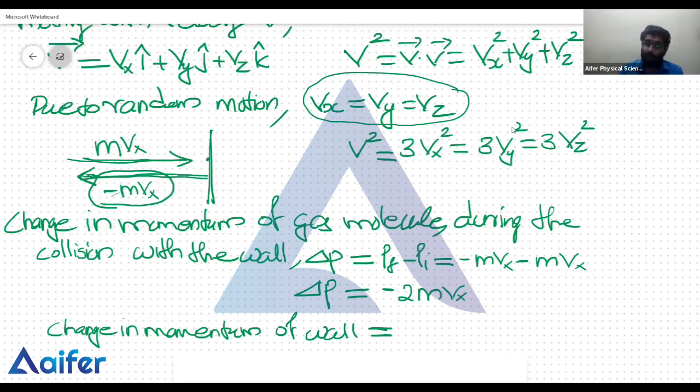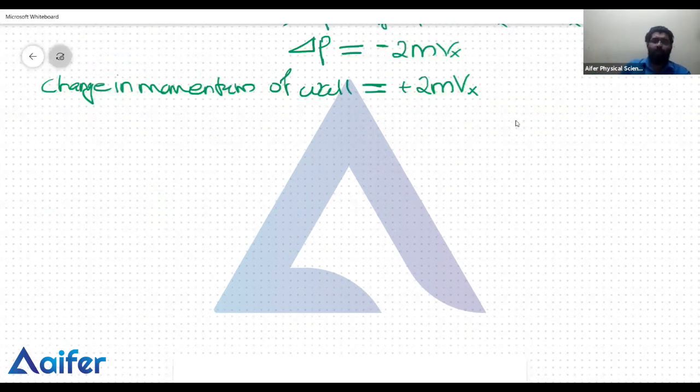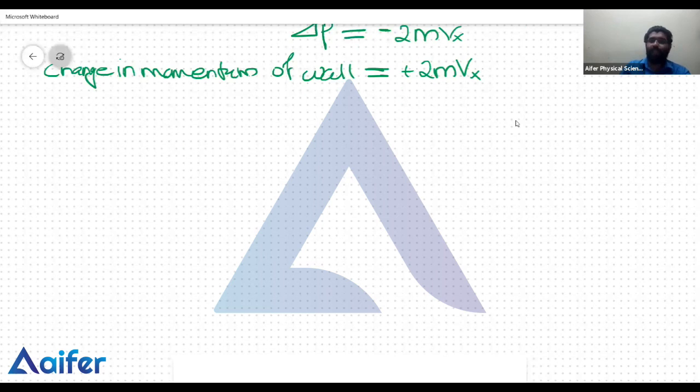So if the gas molecule has a change in momentum minus 2 mvx, then the change in momentum of the wall should be plus 2 mvx. This is basic mechanics, Newton's law, action and reaction. So we need to find the expression for the pressure.